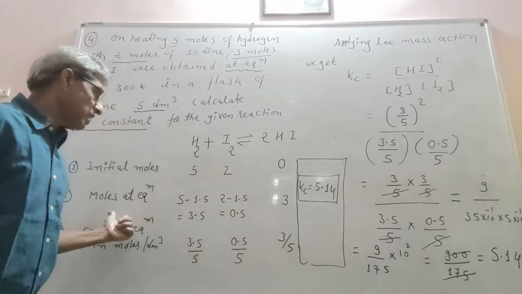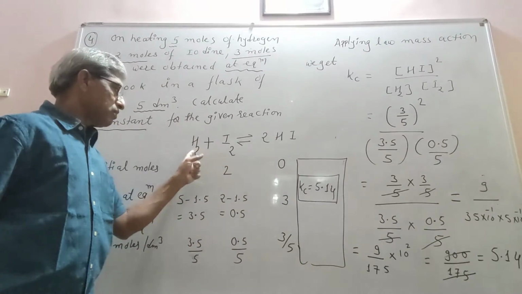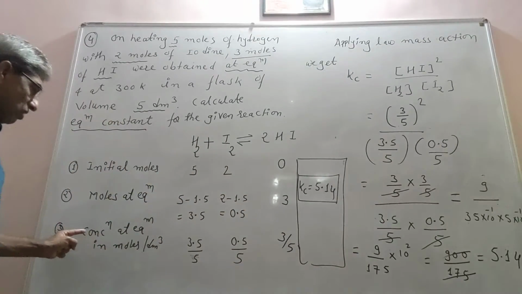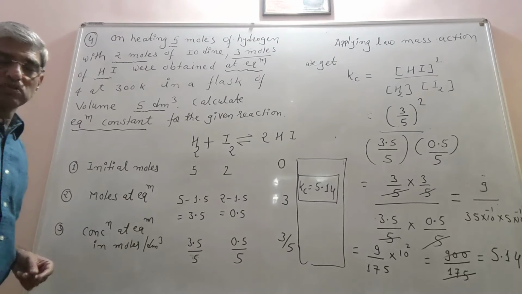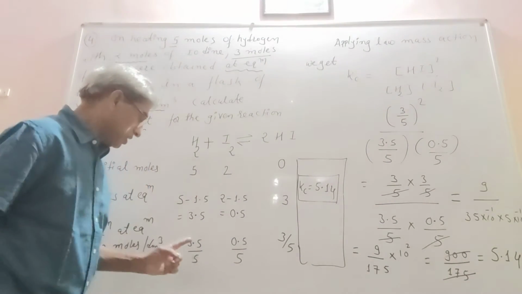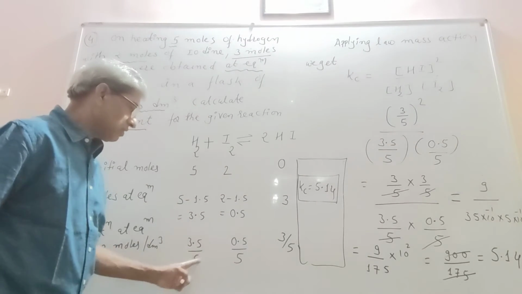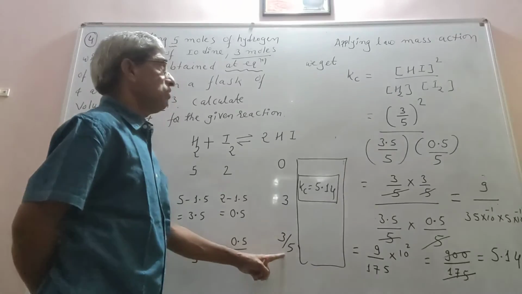Therefore, left moles at equilibrium are 3.5, 0.5 respectively, and 3. Then concentration at equilibrium, in moles per dm cube, is moles divided by volume. Therefore, 3.5 divided by 5, 0.5 divided by 5, 3 divided by 5.